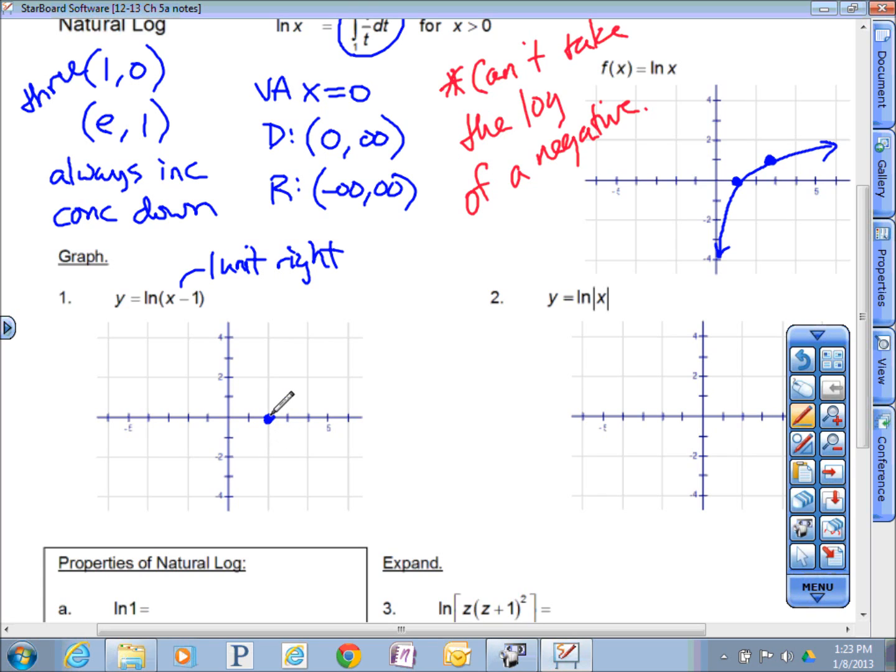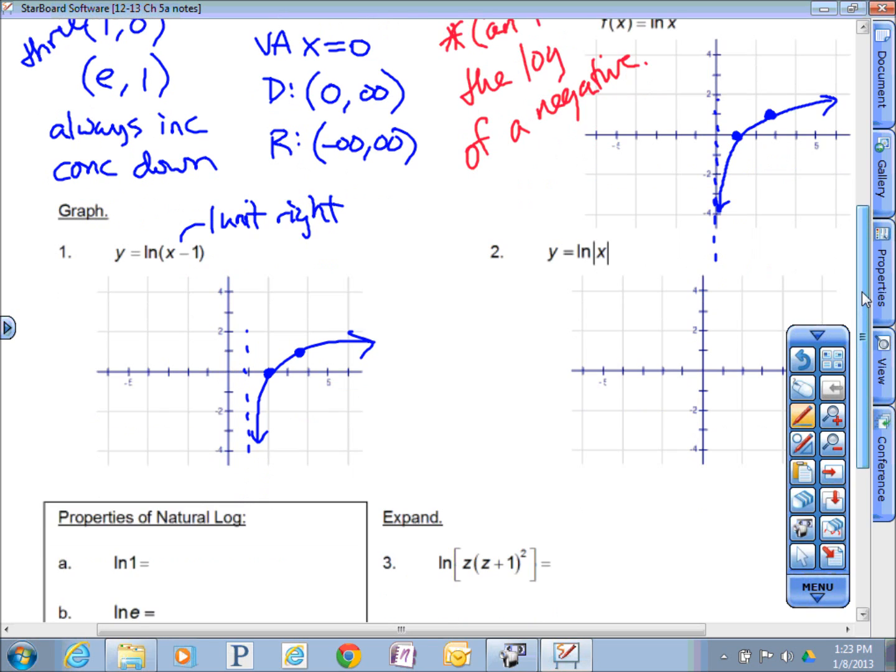Instead of going through the point (e, 1), it's going to go through (3.7181, 1). It's going to have a vertical asymptote this time at x equals 1. It's going to look something like that. And I guess I didn't do a very good job of drawing the vertical asymptote for my original log graph. So that's the only difference.